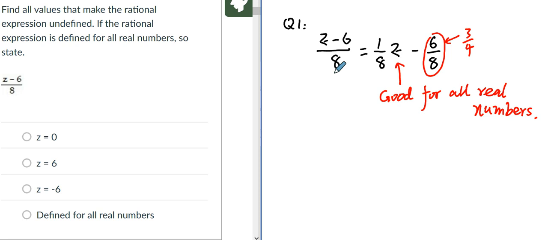The reason again here is a constant denominator. If here is a polynomial, it would be different. That would be our question 2.